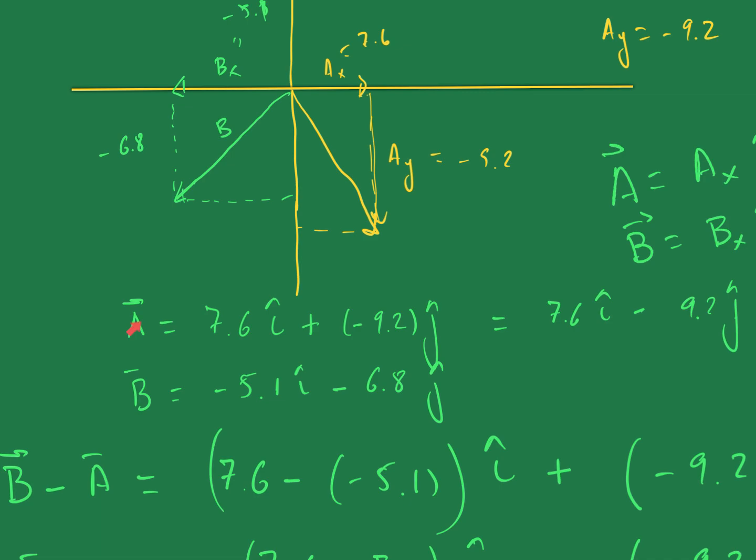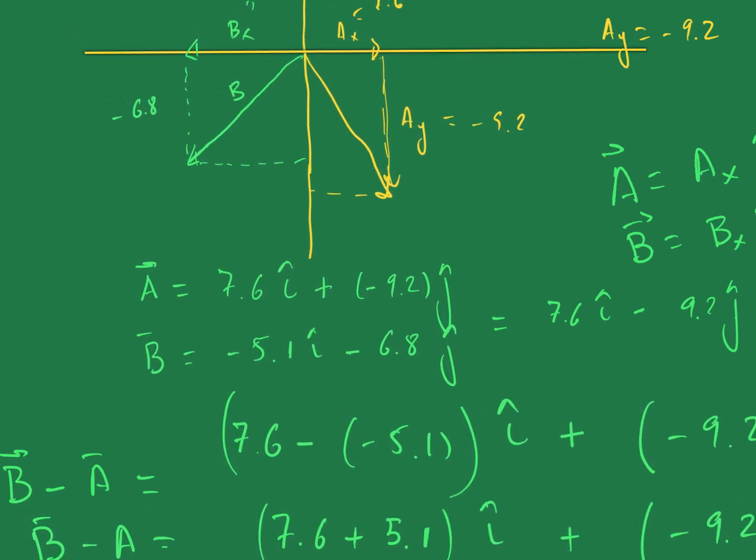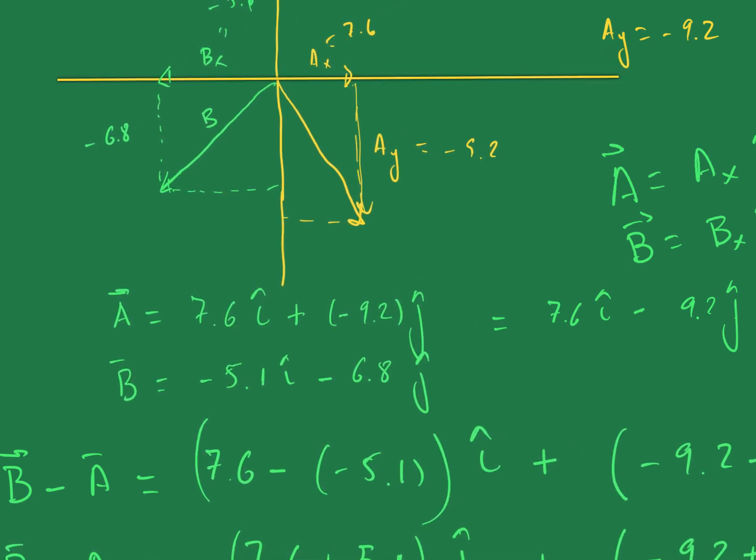We take the component of the first one, minus 5.1, and it's V minus A, so I did it incorrectly because I did A minus V. You see, A minus V. I did it incorrectly, but the result will be the same. Why will it be the same? Because the magnitude, the length of the vector V minus A and the length of the vector A minus V will be the same.